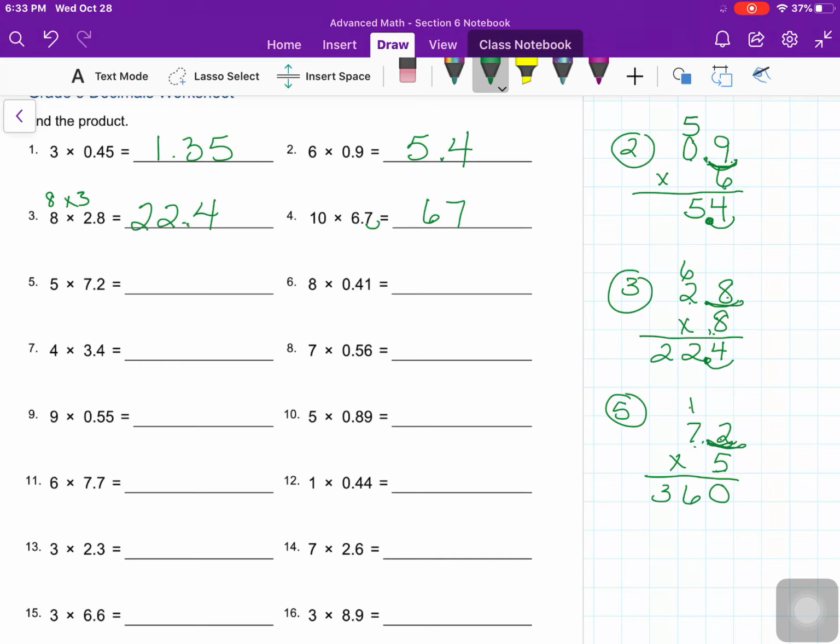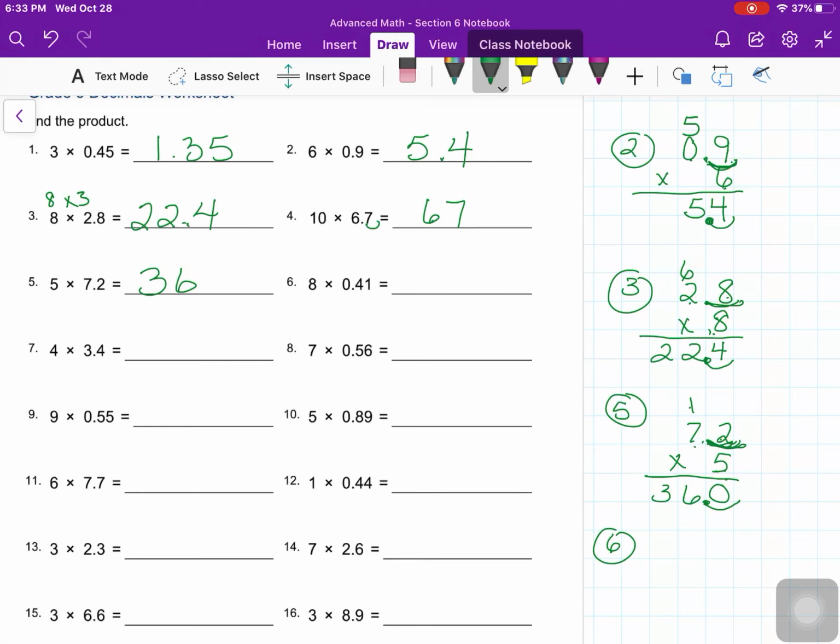There's only 1 number after the decimal point. There's no decimals in the second number. So it means I move it in 1 place. And my actual answer is 36, which makes sense because if I was going to take 5 times 7, I'd get 35, so that would make sense as my answer. I don't have to put 36.0, it's just understood that it's just plain old 36.